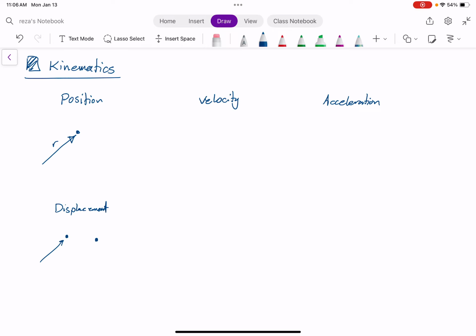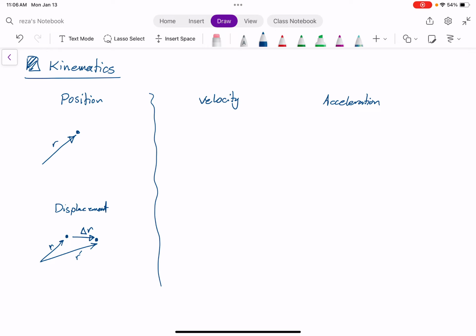Before you were here, now you're here, R prime. And you have moved this much, delta. Let's call it delta R. Delta R is how much you have displaced. You went from one point to another. So that is the concept of displacement.